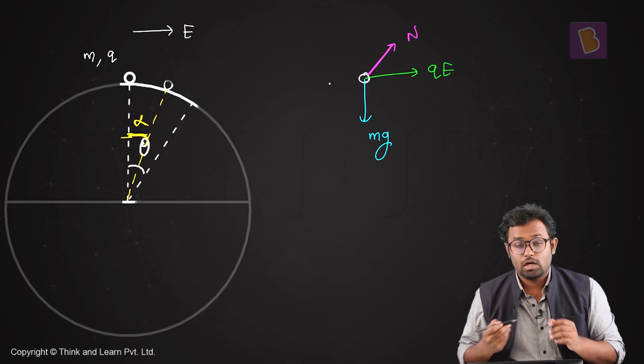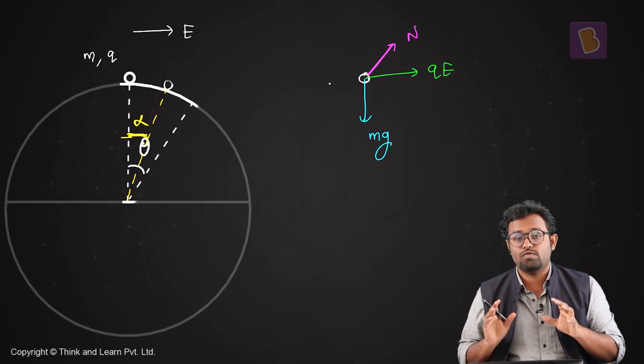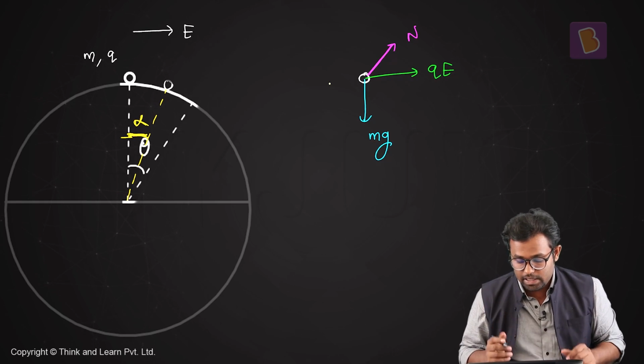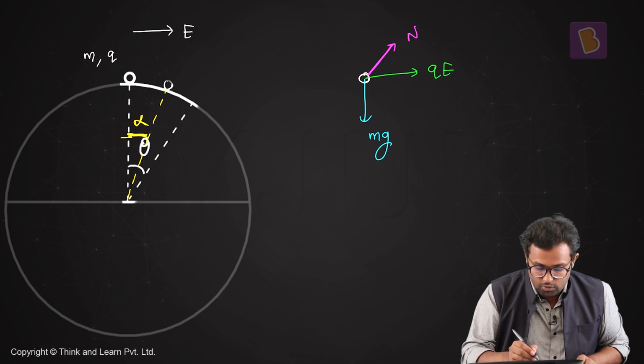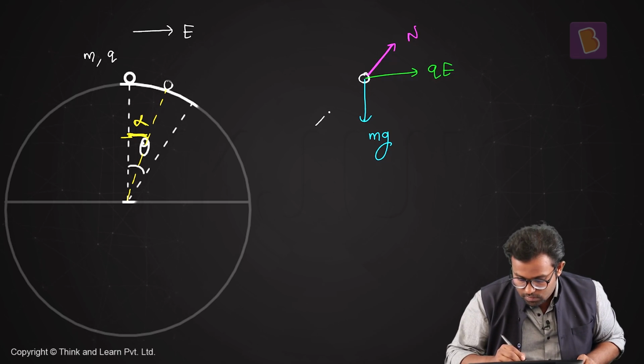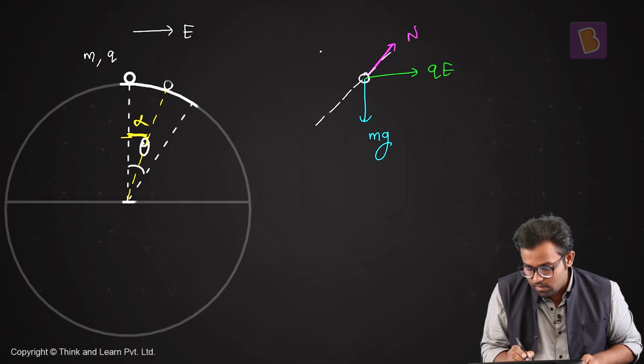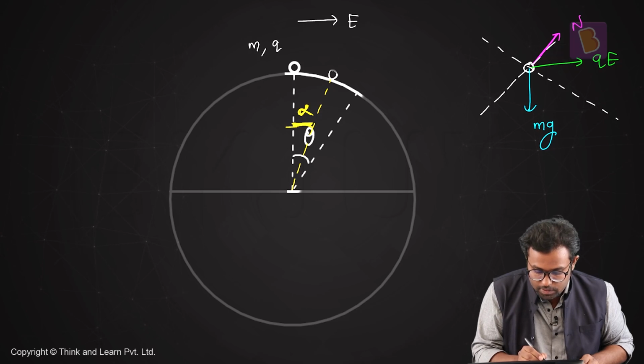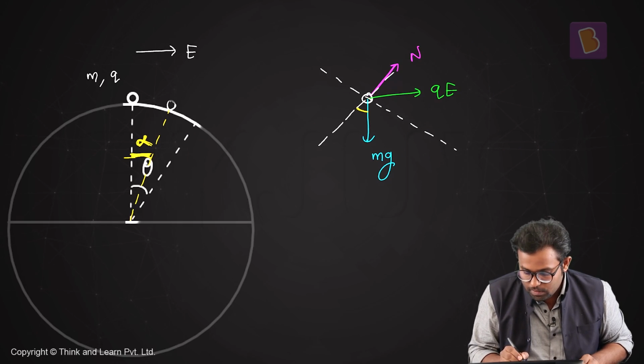Okay, now what I'm going to do, I'm going to resolve these forces in the direction of the radius and perpendicular to the direction of the radius, that is in the radial and tangential direction. So I've got mg, and this is the radial direction, right, and this is the direction perpendicular to the radius. And if this angle here is alpha, this angle here will also be alpha.